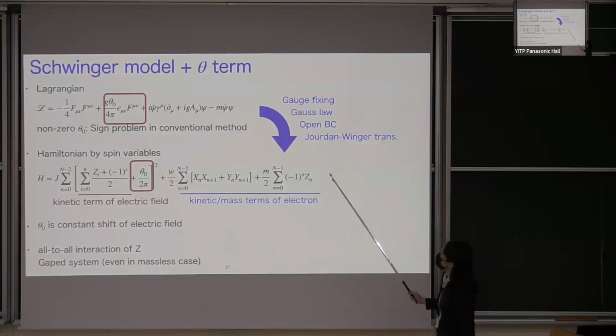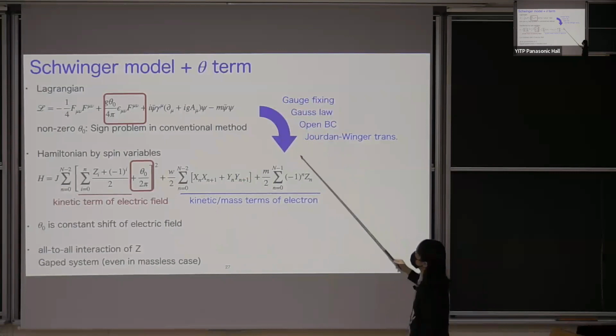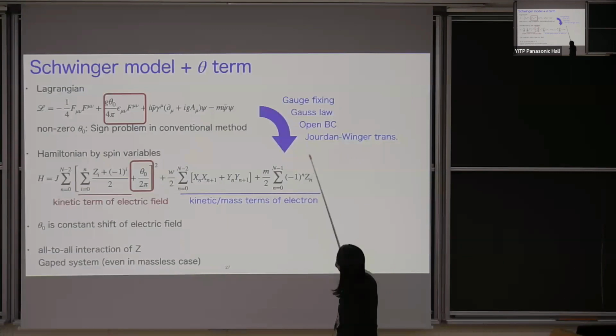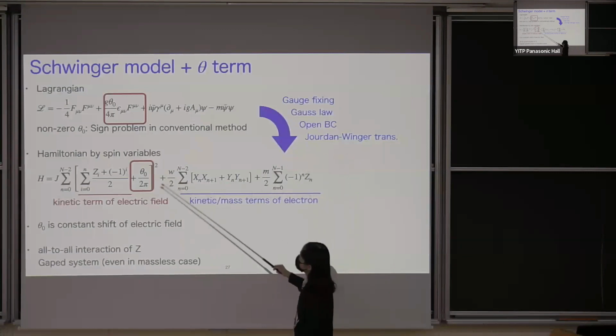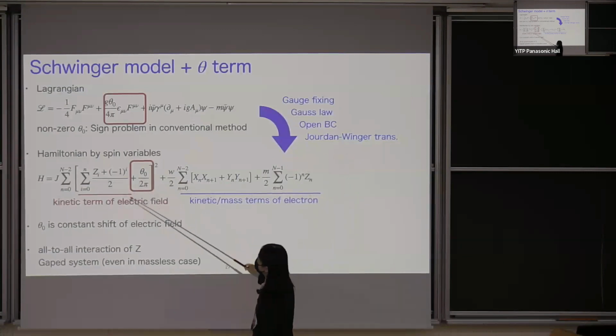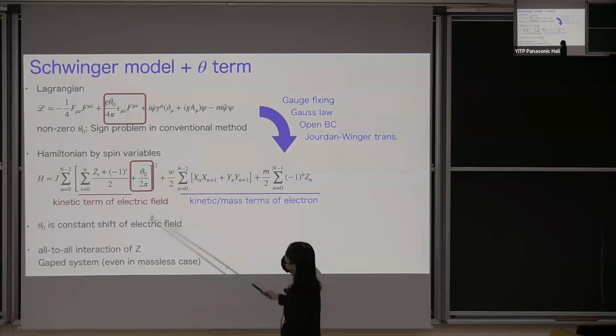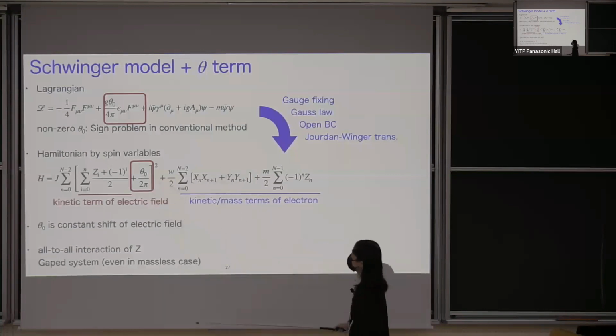In this process, we don't use any truncation or approximation. And finally, using the Jordan-Wigner transformation, we obtain the Hamiltonian expressed by the spin variables X, Y, and Z. These are Pauli operators.